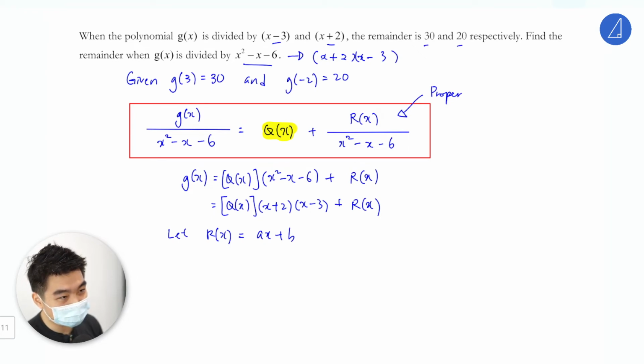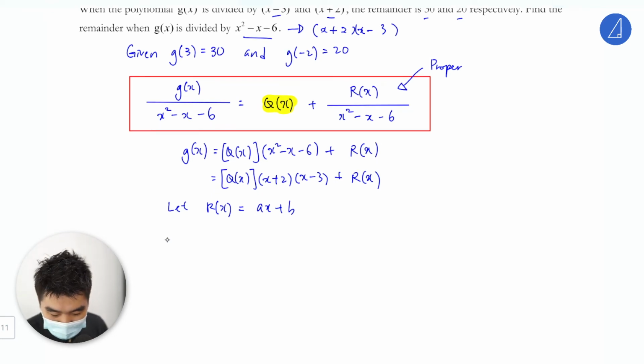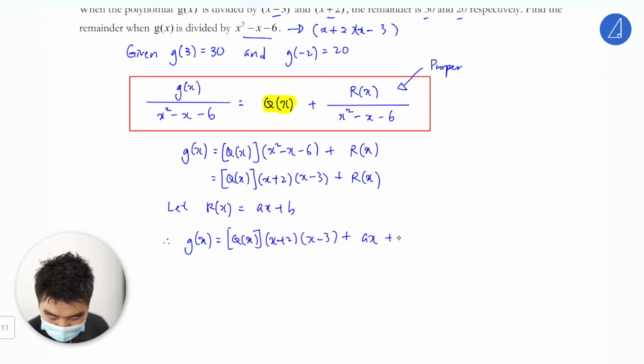Because then you'll be neglecting that there could be an x term. So therefore you assume that there's an a and a b here, an x term and a constant term. Even though one of them might jolly well turn out to be 0. You just assume it's there first. Okay, so hence your equation becomes g(x) equals q(x) multiplied by (x + 2)(x - 3), plus ax plus b.